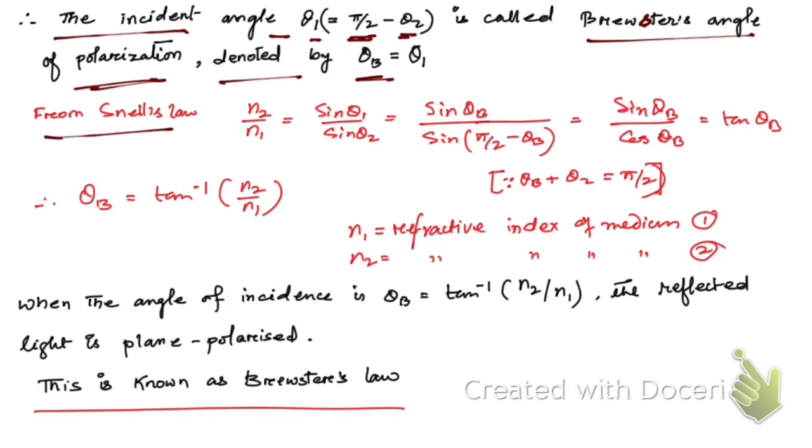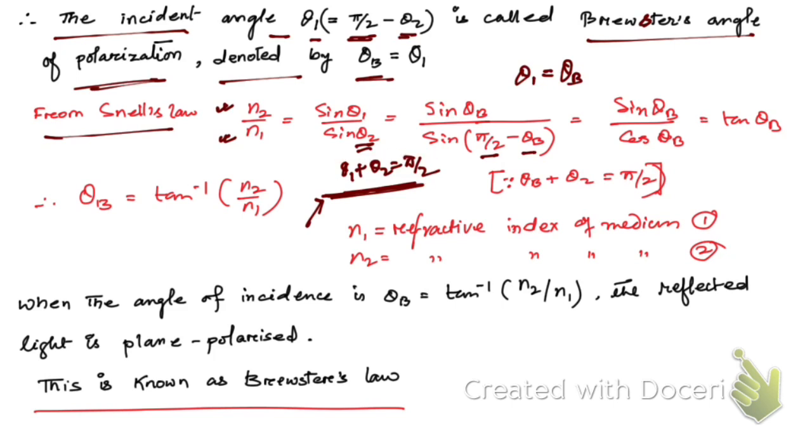And from Snell's law, we know the refractive index n2 of medium 2 by refractive index n1 of medium 1 is equal to sine theta 1 by sine theta 2. And we know that theta 1 plus theta 2 is equal to pi by 2. To obtain the plane polarized reflected ray, this condition should be satisfied. In that case, theta 2 must be equal to pi by 2 minus theta b, because theta 1 is theta b when this condition is satisfied.